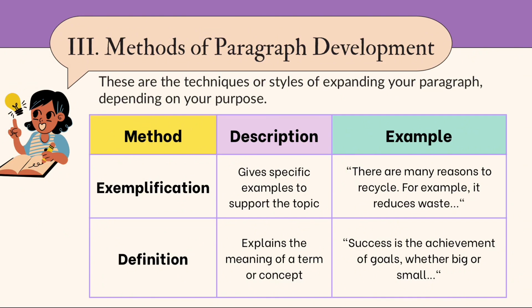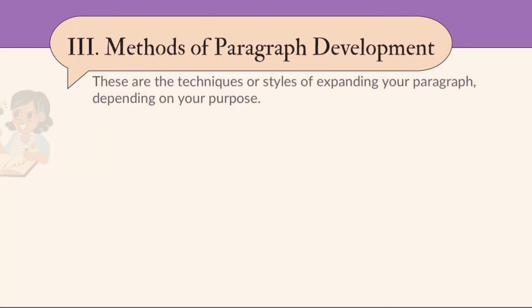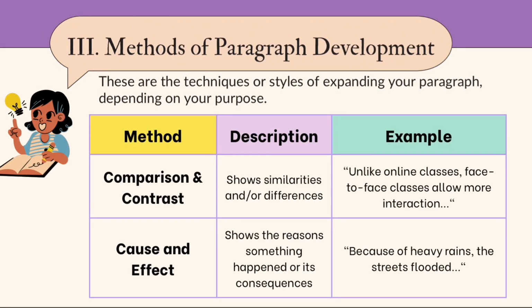Definition explains what something means. Use this when you want your reader to fully understand a term or concept. Example, success is the achievement of goals, whether big or small, especially useful in academic writing. Comparison and contrast shows similarities or differences, or both.